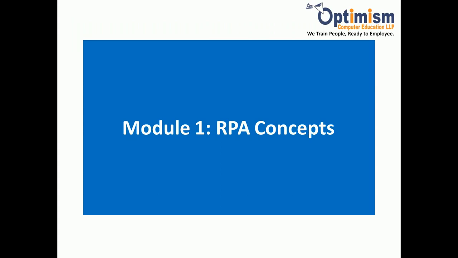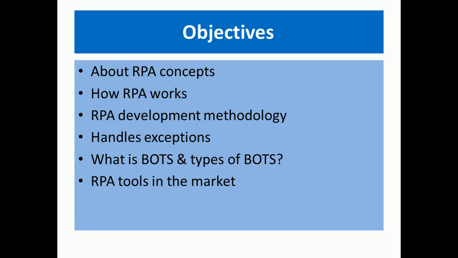So what is RPA? Robotic process automation, right? Now what is our goal? What is the objective that we want to understand from this particular session? We are trying to understand RPA concepts.